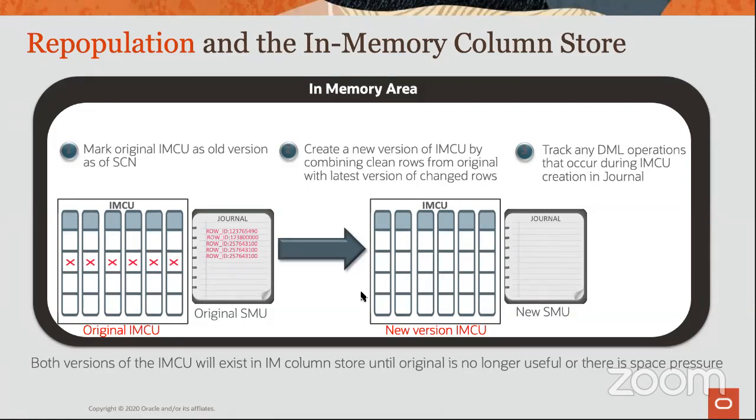So ideally, all of the IMCUs that make up an object in the column store will never have changes, because we're always going back and repopulating in the background. There are some parameters to control that, but the defaults typically work well for everybody. This is a pretty efficient process. As you can see, we keep both versions available during the repopulation, so scans remain as efficient as possible even while we're doing what we call repopulation.